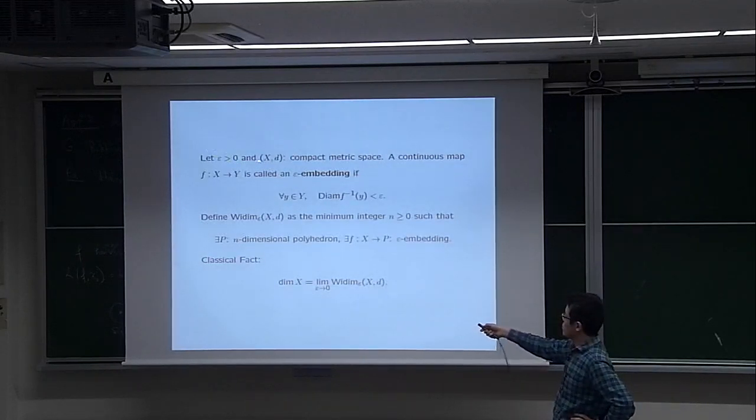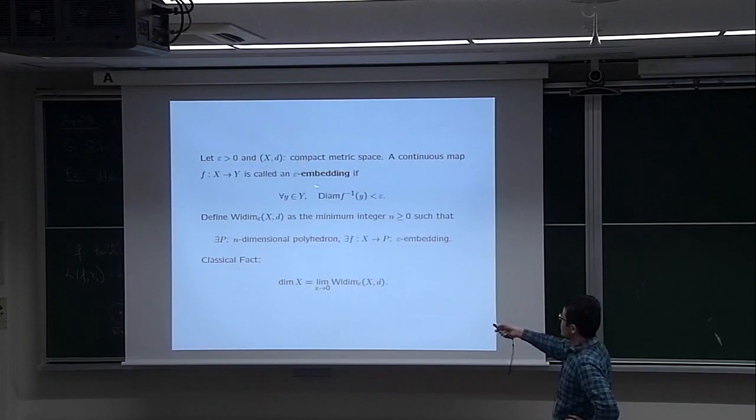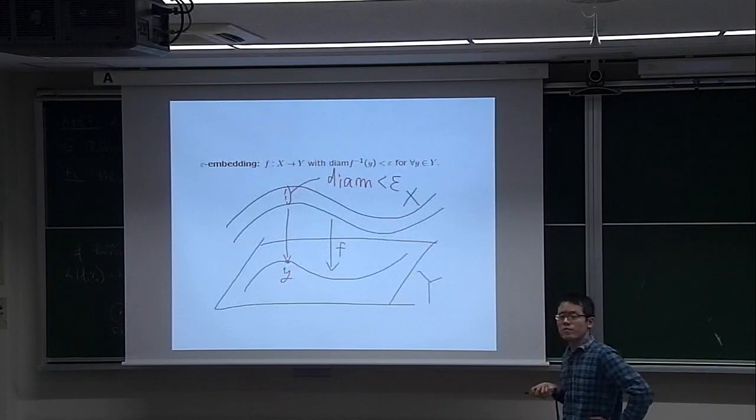Take a positive number epsilon and a compact metric space (X, d). A continuous map from X to some topological space Y is called an epsilon embedding if for every point y, its preimage has diameter less than epsilon. So the picture is the following. This is the picture of the epsilon embedding.